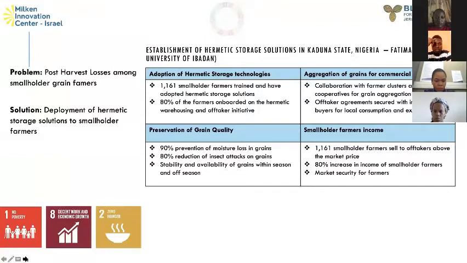This was a project that changed completely from her initial inception of it, which was to perhaps create a public-private partnership for existing storage units, to one of really transforming those storage units and decentralizing it to farm co-ops and farm intermediaries to enable warehouse receipts to finance credit for offtake agreements, again, for smallholder farmers through this invention of hermetic storage that would decrease moisture loss in grains, insect attacks, and provide stability of grains both on and off seasons. And you can see the SDGs that were developed there.